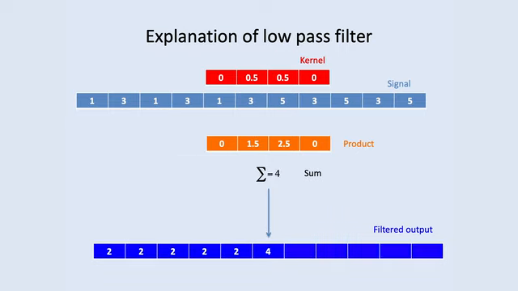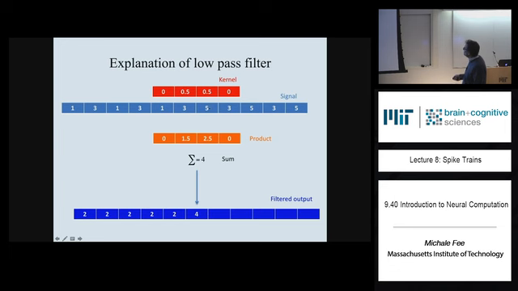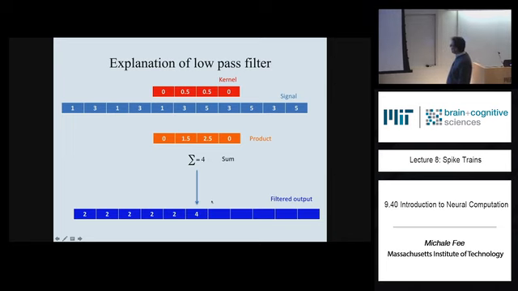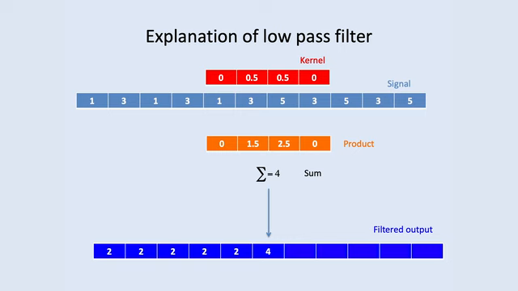Now, if we slide the kernel over one more and multiply, you can see we get a 0, a 1.5. Here's 0.5 times 5, that's 2.5. 0 times 3 is 0. And the sum of those 4 elements is 4. Write down a 4 here.